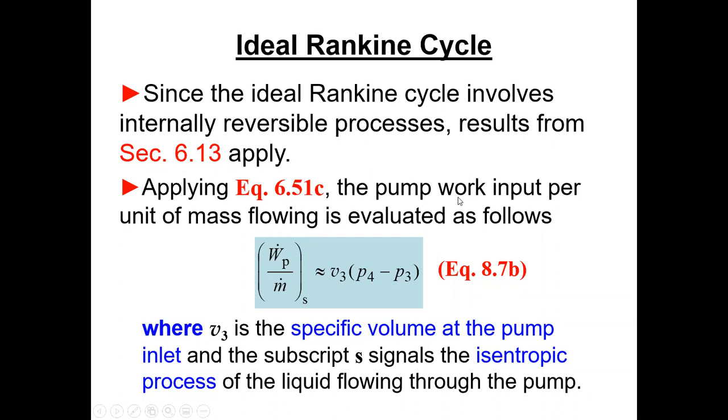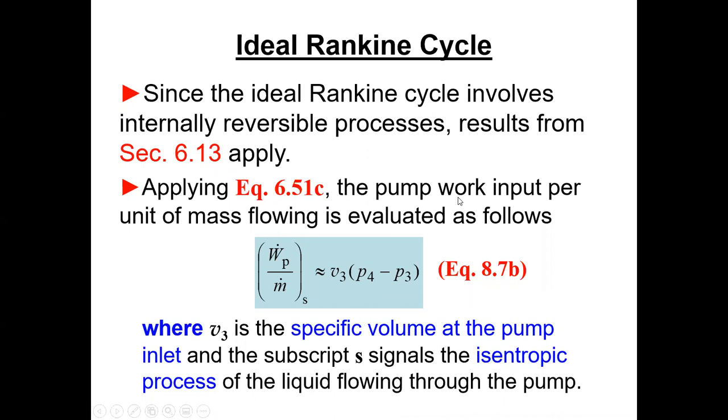Well, you see, we don't show the integral, we show the specific volume at 3, which is the inlet, times the delta P, P4 minus P3. Well, what's happened is we have assumed the water is incompressible, which means that the specific volume at 3 is roughly constant, which means it pulls through the integral.